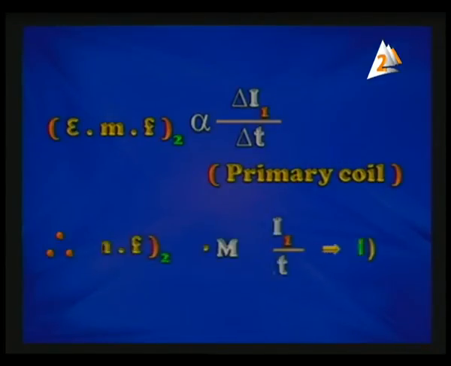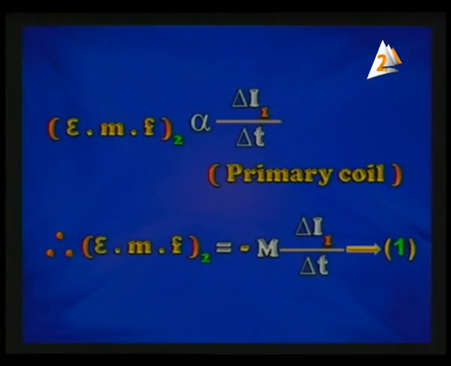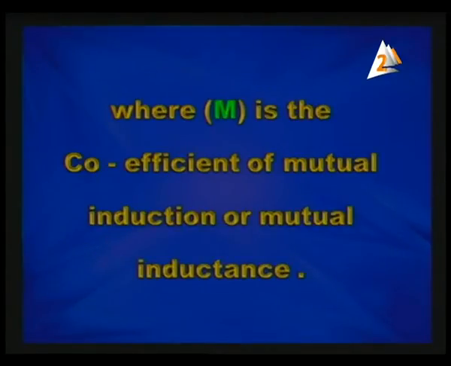So EMF is equal to negative M delta I over delta t, where M is the coefficient of mutual induction, or mutual inductance.